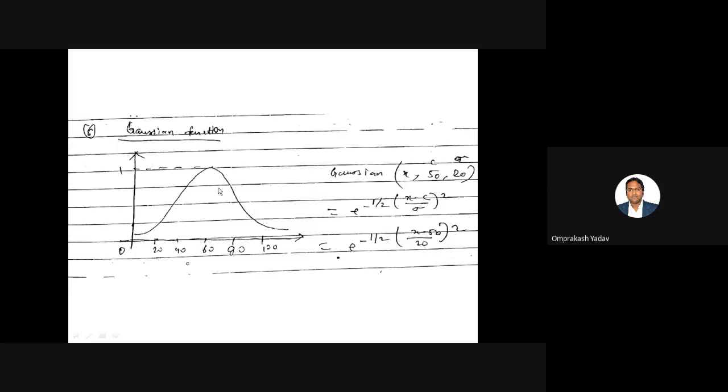So c is the central part, you can see here. And then sigma: if you increase or decrease the sigma, then this will twist or expand. So you can give this example, you can also write with the numbers.